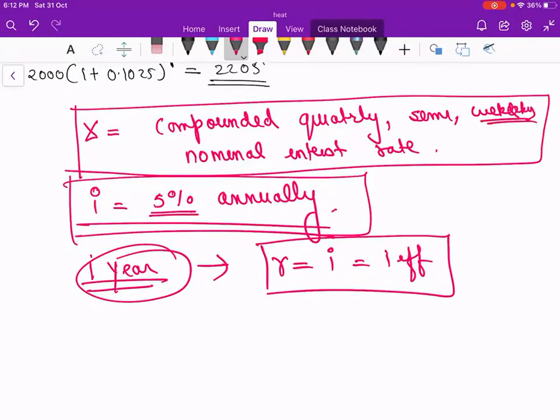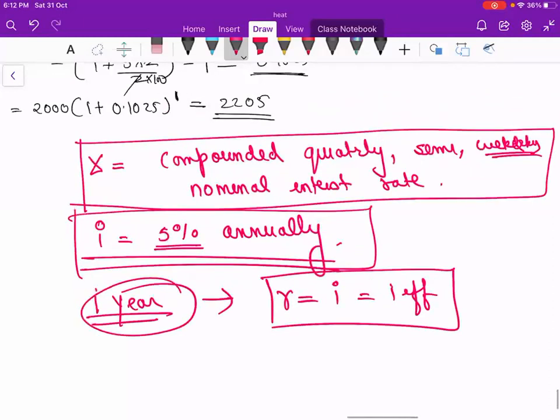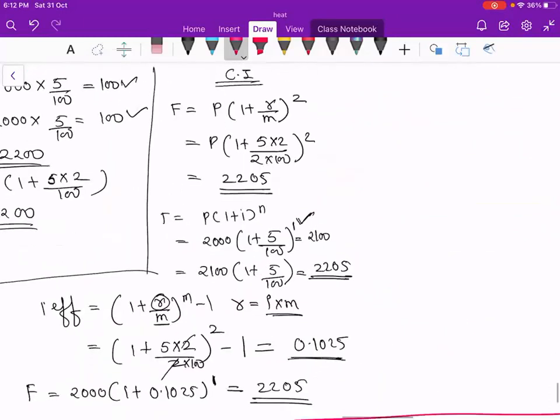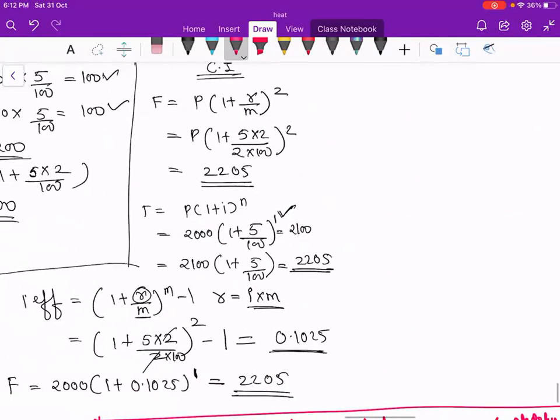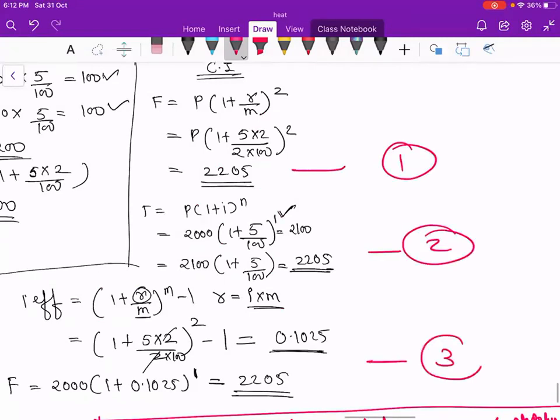Semi-annually, weekly, per day, anything they can give. This is all about compound interest. We have calculated by this method, by this method, by this method, and all give the same answer. What is R here? R is I into M.